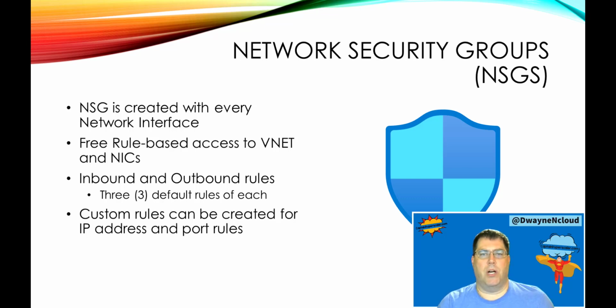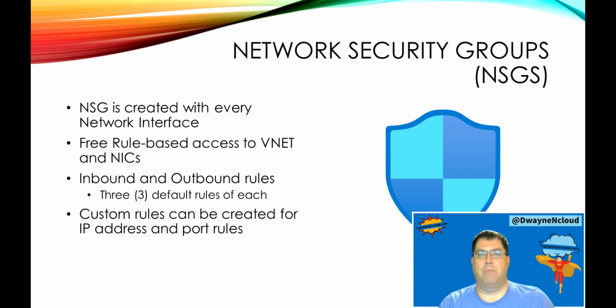And these rules are default rules, which we'll talk about in a second when we get into the portal, but there's also an ability for you to create custom rules for traffic from various IP address ranges or ports, so that you can protect your environment very similarly to how you would create firewall rules within a next generation firewall. The one thing that network security groups do not do is any packet inspection.